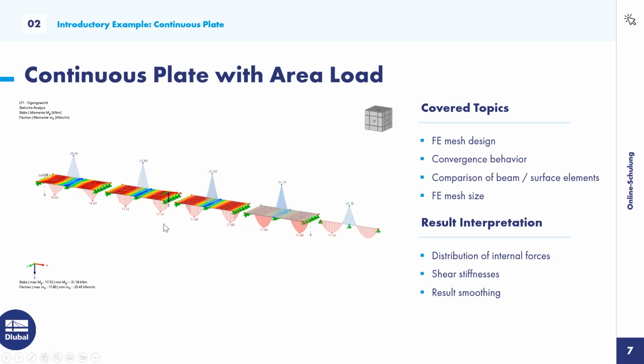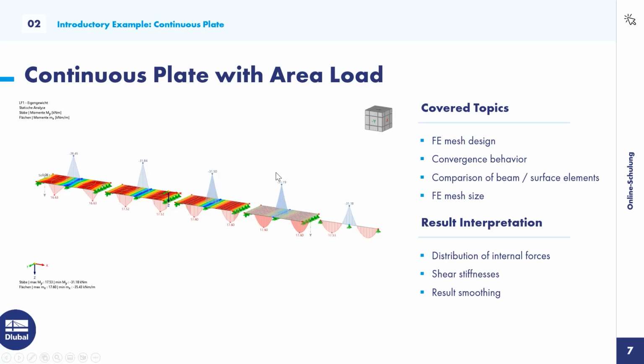And then we're gonna investigate the size of these finite elements. We also will investigate the impact of the size of the finite elements on the results. And for having a good comparison, we will also compare directly to a beam element, which you would also simply be able to calculate with, for example, the Schneider Bautabellen.